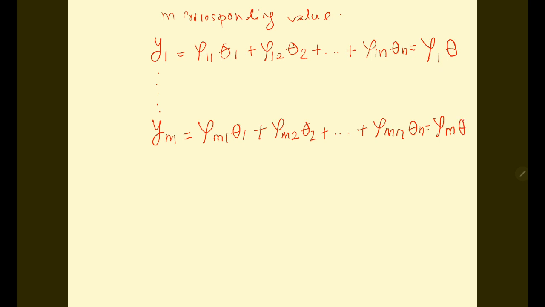So theta is the unknown, and I am interested to find its value. y and phi are known. So this is how we can write down the m expressions when we have m corresponding values.